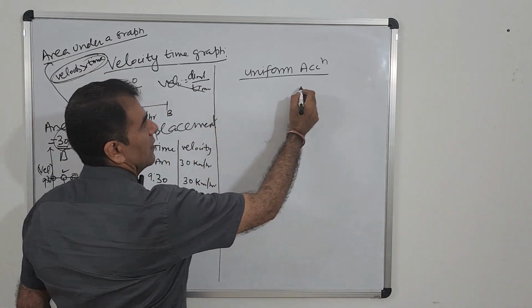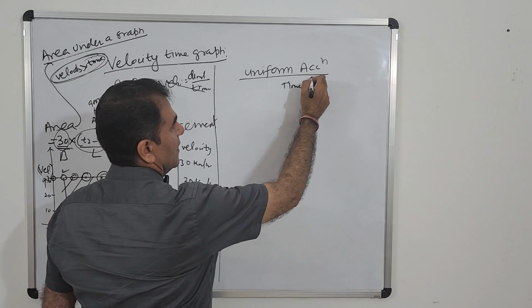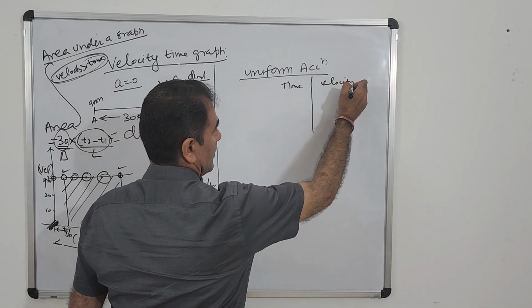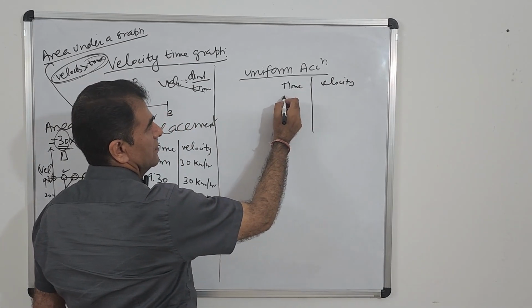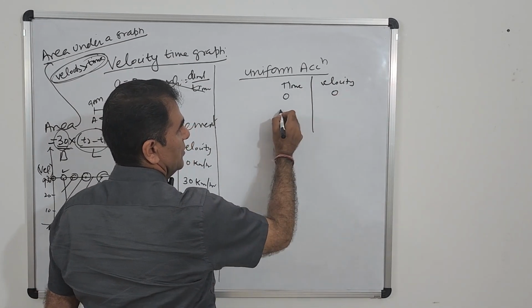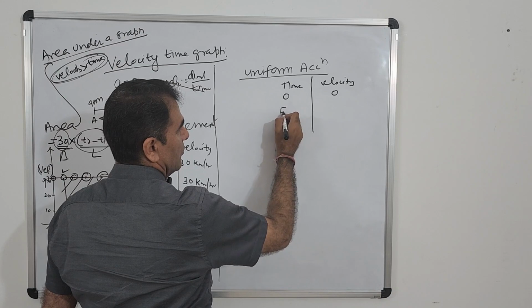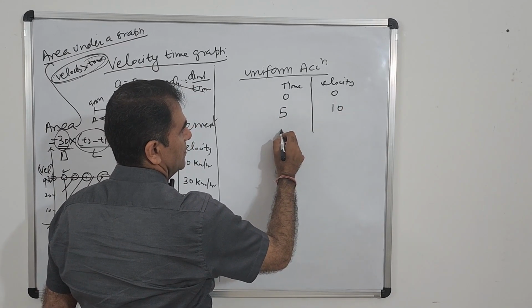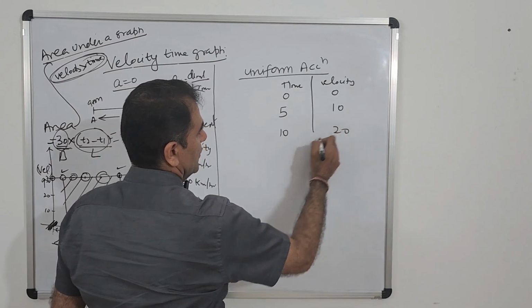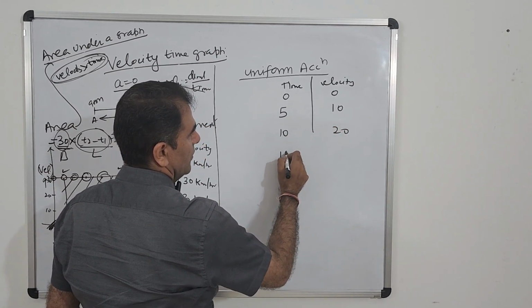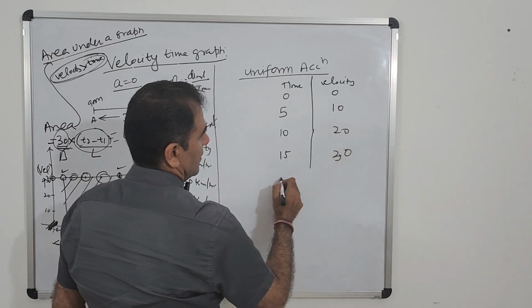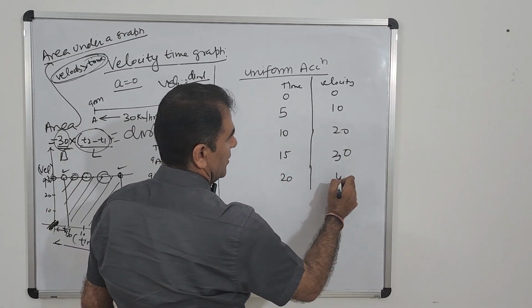For example, I take data, time and velocity: time is 0, velocity is 0; time is 5, velocity is 10; time is 10, velocity is 20; time is 15, velocity is 30; time is 20, velocity is 40.